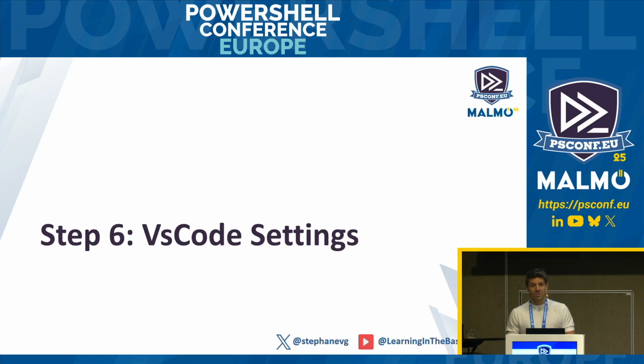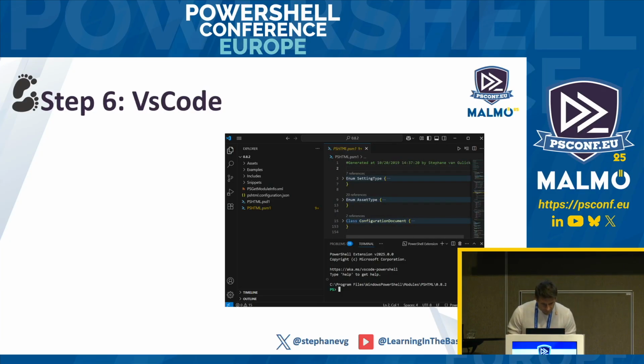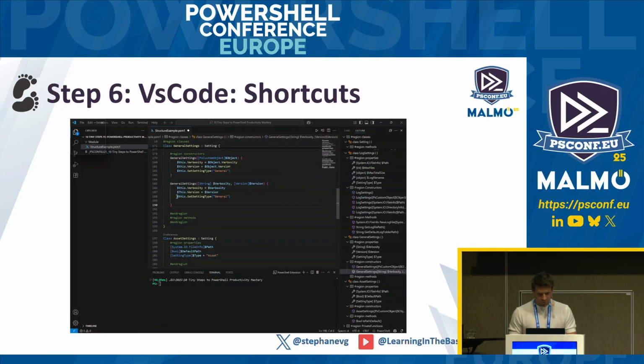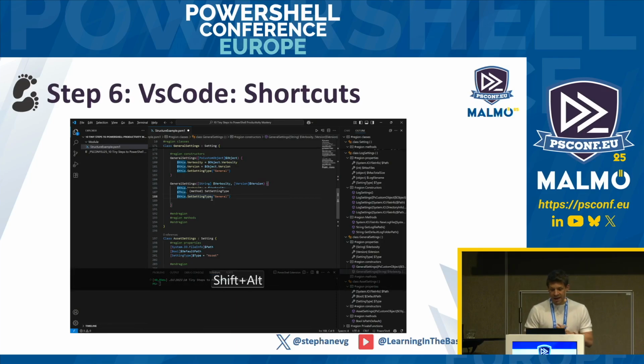Then we arrive at step number 6, the VS Code settings. We're going to talk about three things in VS Code here: shortcuts, settings, and extensions. First of all, shortcuts, just a few that I really like.